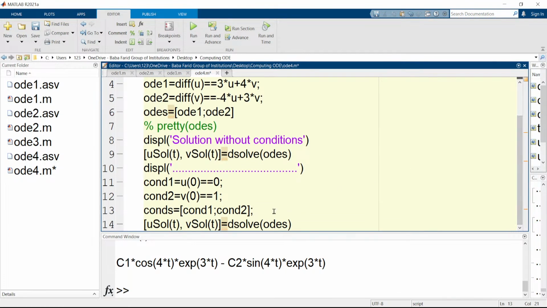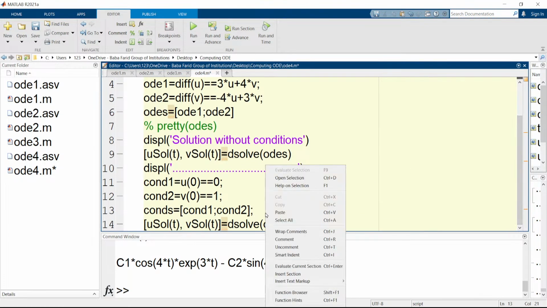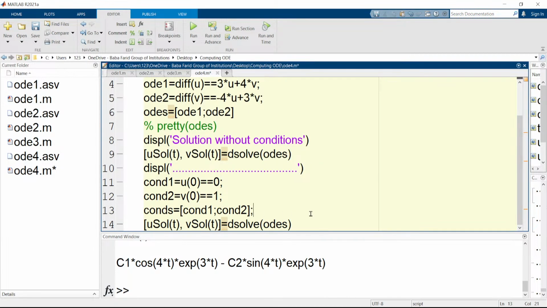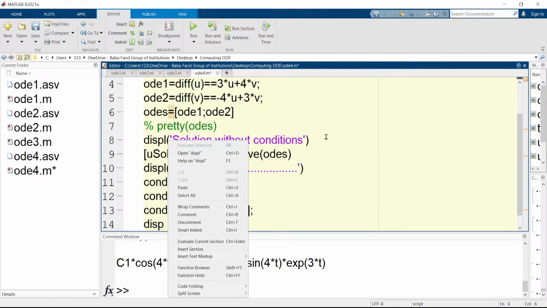Then you can apply conditions at its place, and here we have display.